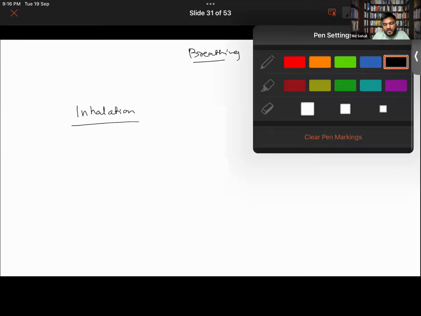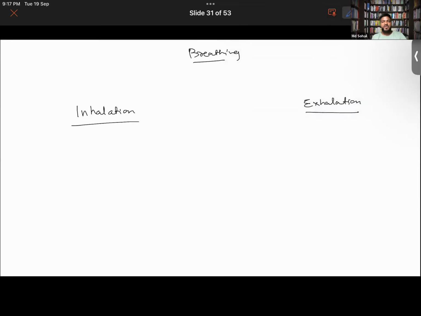Now, exhalation. Why is it necessary? We need to release the waste material, basically the waste gas produced in the cells. In the cells, as we know, especially in the mitochondria, the process of respiration goes on, and that will be releasing carbon dioxide apart from water and energy, right?